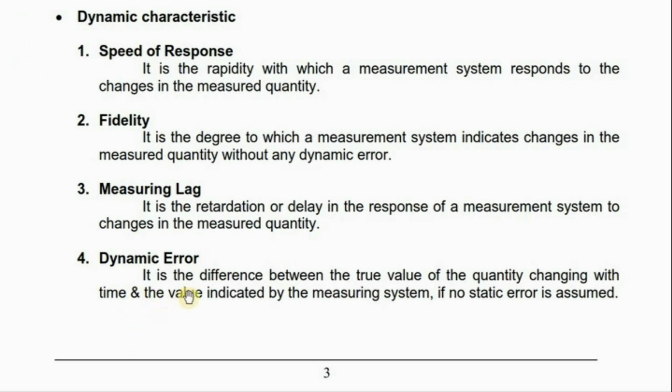Okay, and finally the last characteristic under dynamic characteristics is dynamic error. What is it? It is the difference between the true value of a quantity changing with time and the value indicated by the measuring system, if no static error is assumed. This dynamic error is the same as error, but we call it dynamic error because it refers to a quantity changing with respect to time.